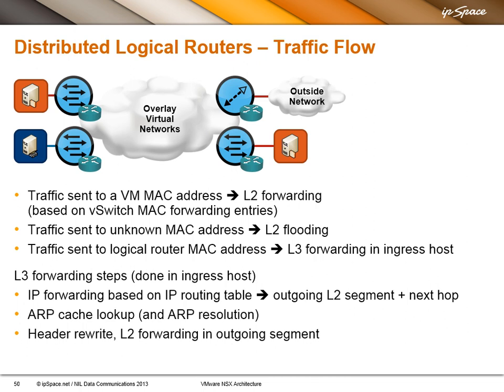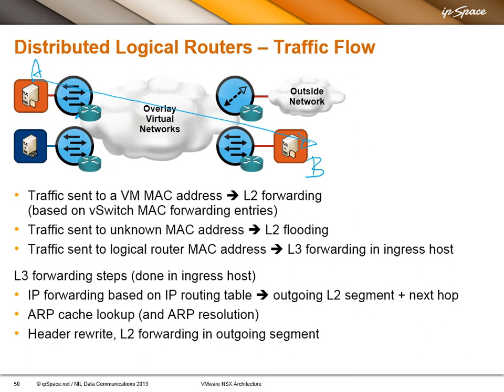On the other hand, if VM A here would send traffic to the MAC address of VM B, then this MAC address is not the MAC address of the hypervisor, so it's sent straight to VM B. So if the traffic is sent to a third MAC address, not the MAC address associated with the logical router, the router is not involved. Pure layer 2 forwarding is performed.